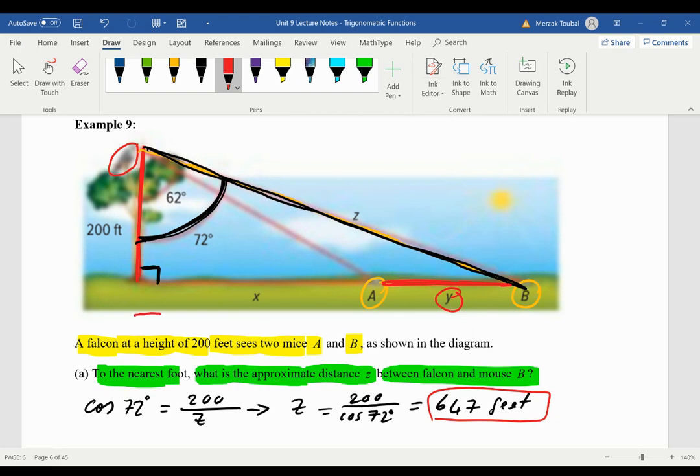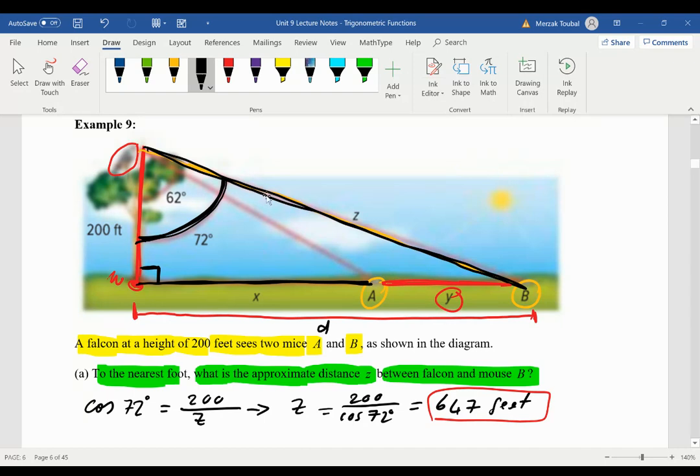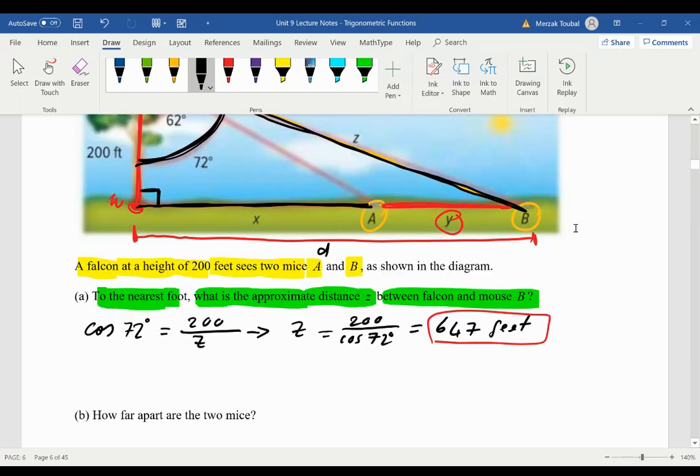If we determine the horizontal distance between B and this point over here, let's call this point W, and we determine x, which is the distance from W to A, then let's call the first distance D. Then y would be D minus x. So we need to find D and x.